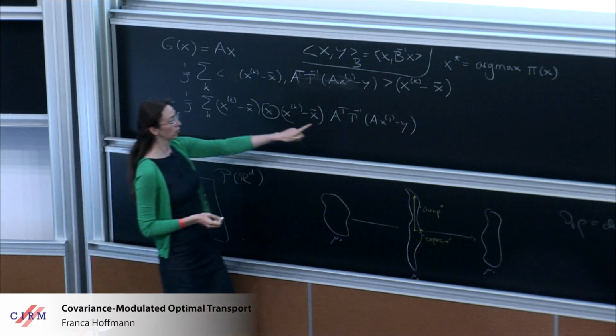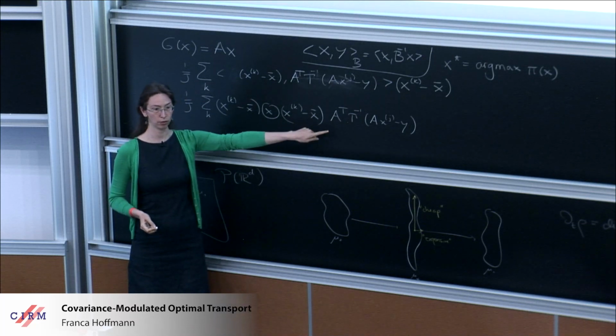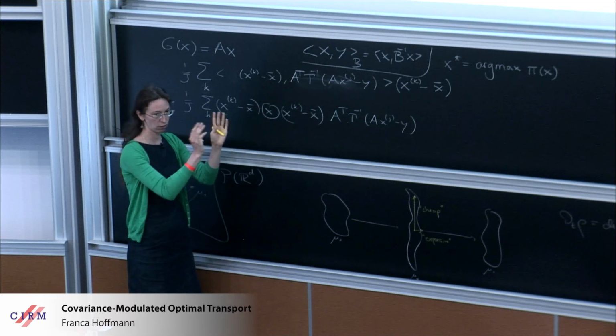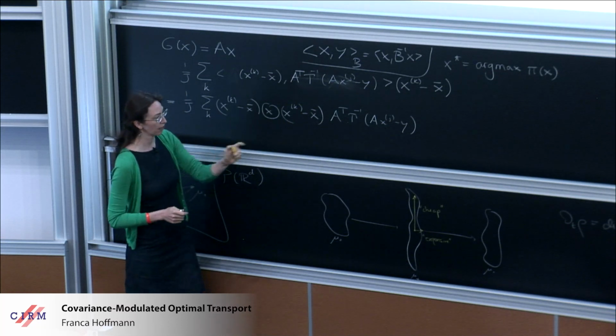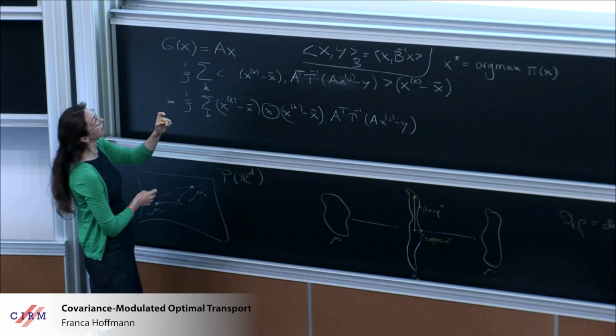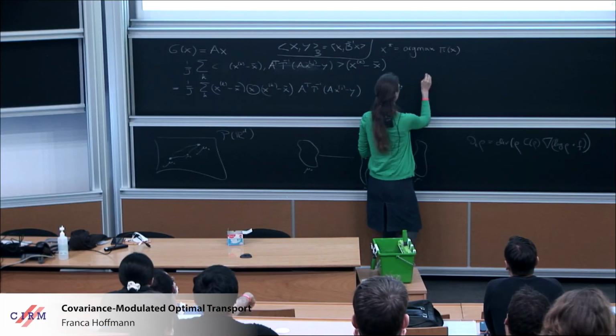And this one now, you can actually think of as a gradient of your function f. I mean, not the whole function f, just this first part that has the g in it, at the point xj. So what you basically get is something, where C is my empirical covariance.